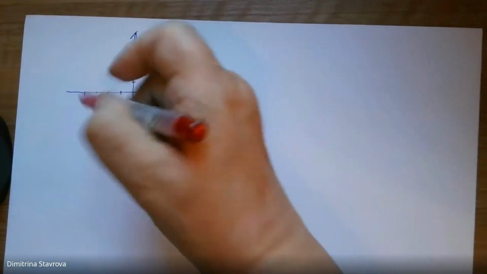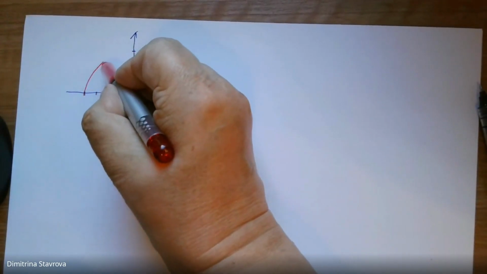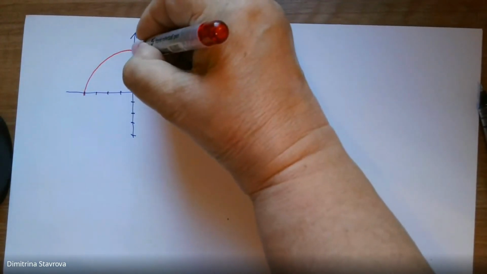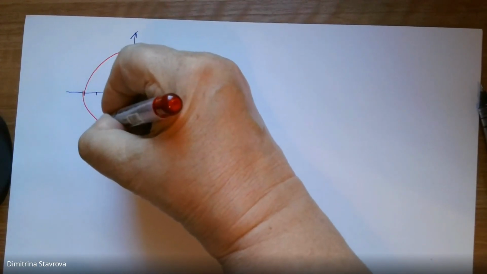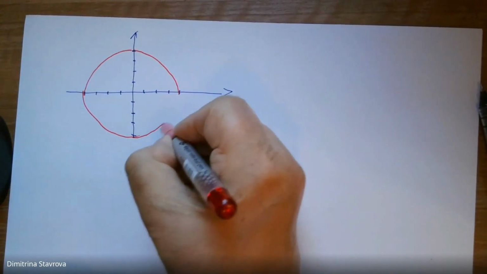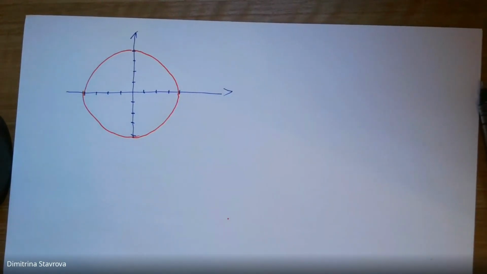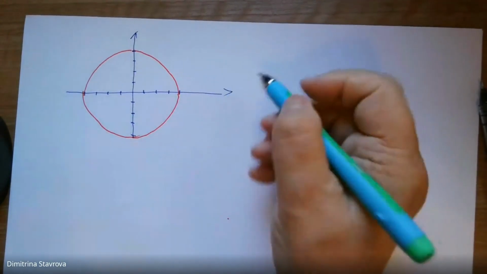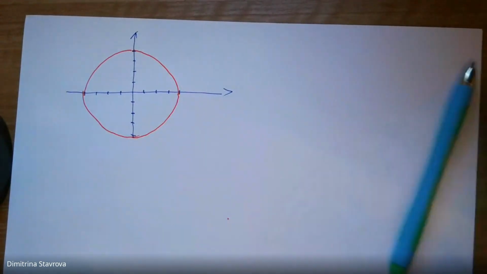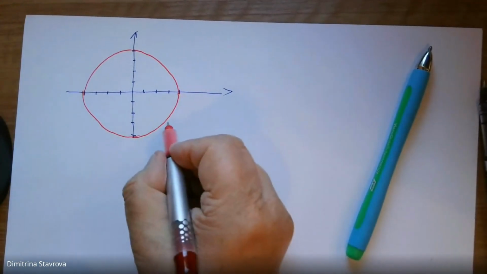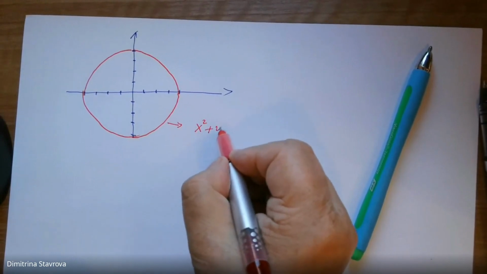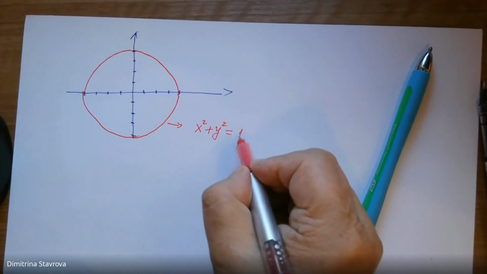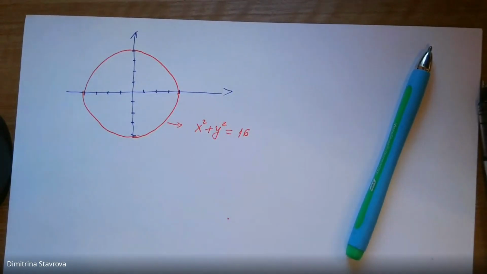And let us have this circle centered at the origin with radius 4. And let us look at the line. So this is the circle with equation x squared plus y squared equals 16.